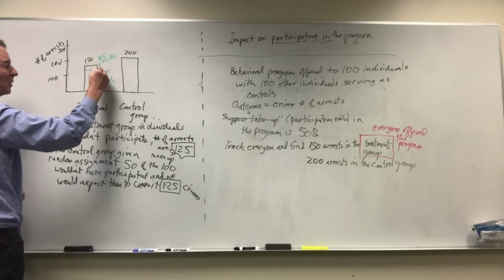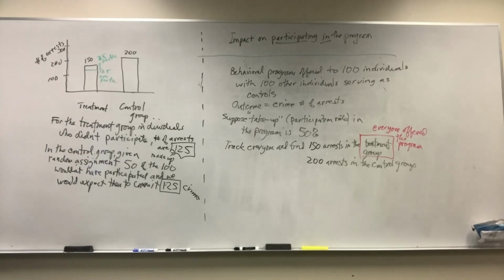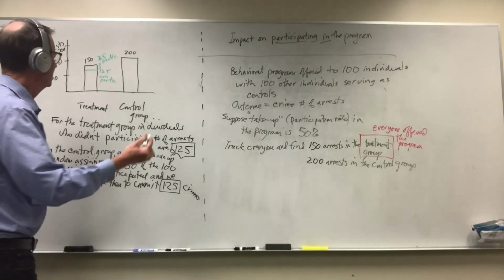The logic here is we've got random assignment, we've got equally balanced groups.